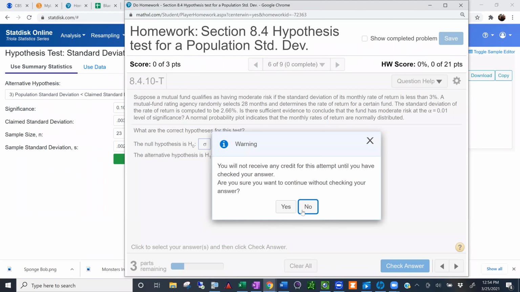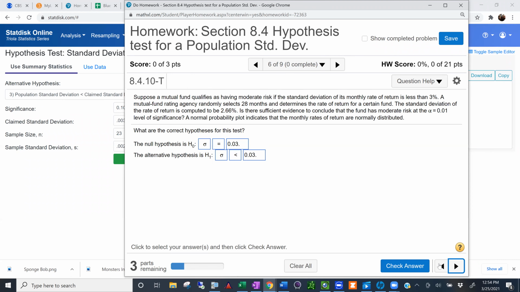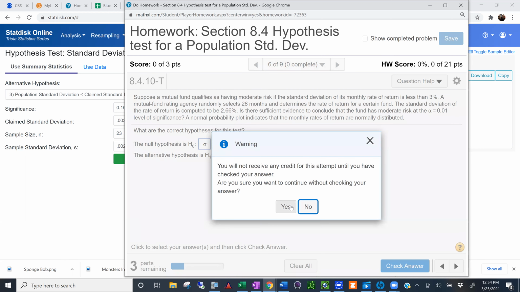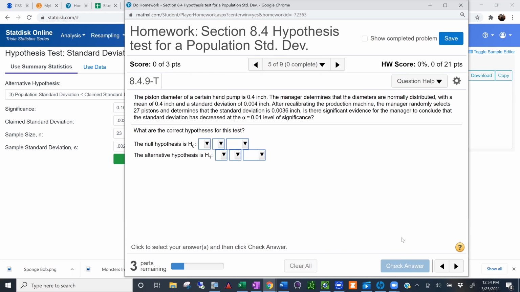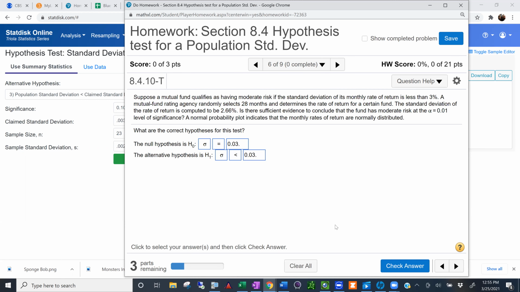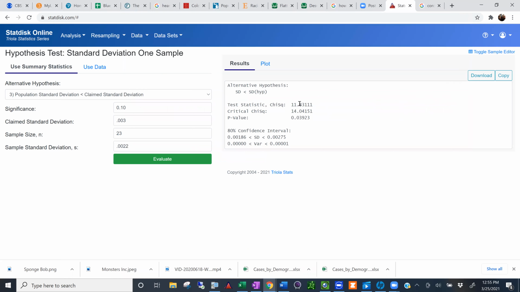And then I'll say, you know what, let me go back and do something for my students. When I do that, it actually changes up the numbers. So the only thing I can think of is that it changed up the numbers when I went back and copied it. I think you and everyone else probably got this test statistic, this chi-square value and this p-value, right? Did you guys match me on that?